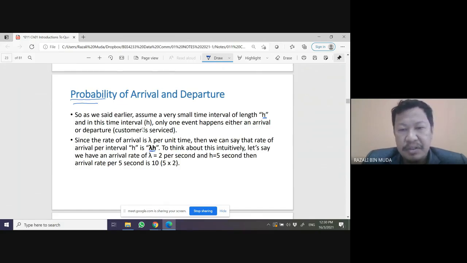For example, if lambda is 2 per second and h is 5 seconds, then the arrival rate is 10. 5 multiplied by 2.